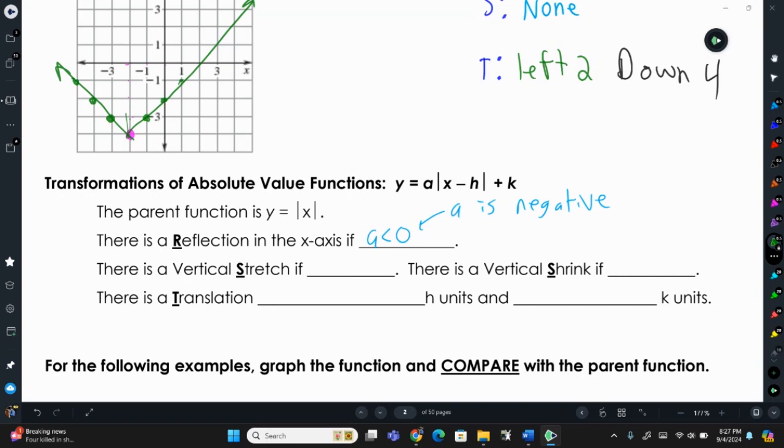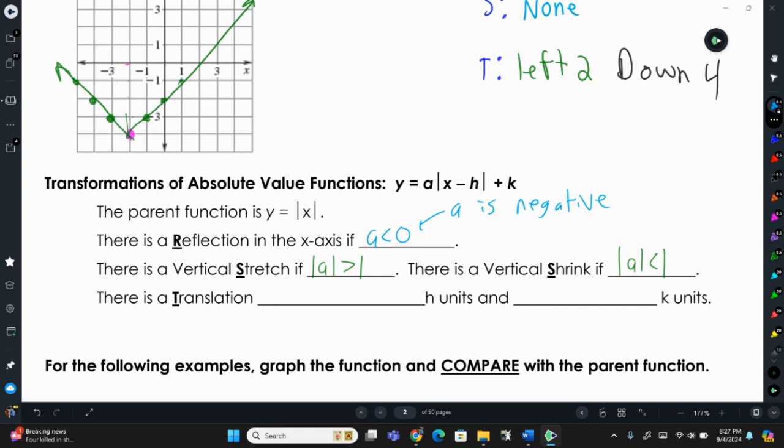We have a vertical stretch if the absolute value of a is greater than 1. So what I like to say is if the numeral in front, ignore the positive and negative sign, is bigger than 1, then you have a vertical stretch. If that numeral is less than 1, we have a shrink.